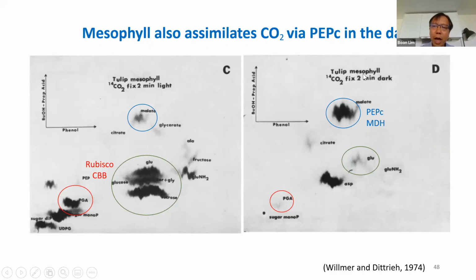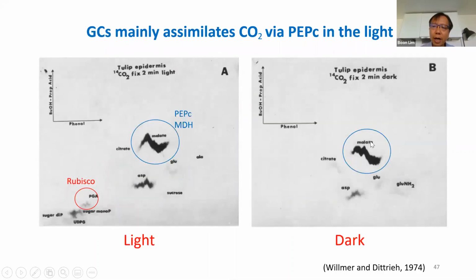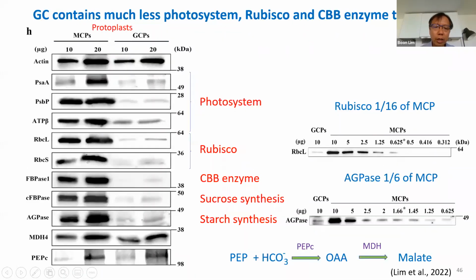But mesophyll in the dark mainly fixes CO2 into malate, and this is the product of PEPC and MDH. So you can see this is high, and this correlates with the high concentration of PEPC and MDH in the guard cell and in the mesophyll. And this does not require light to fix CO2, but this requires light to fix CO2.